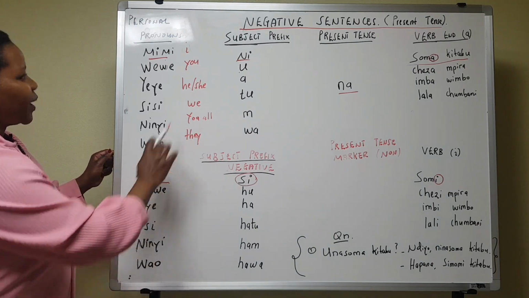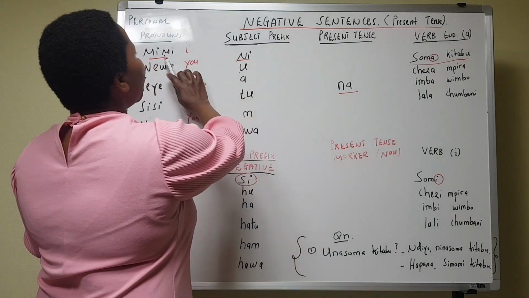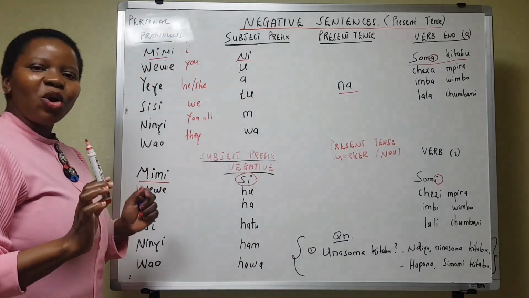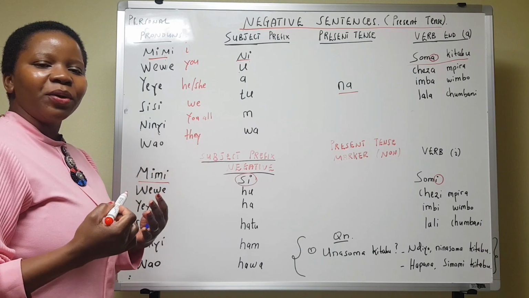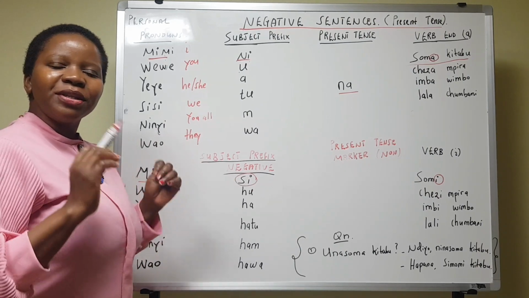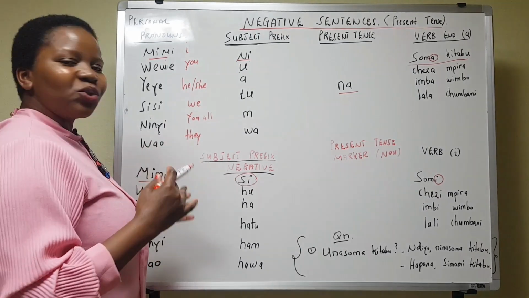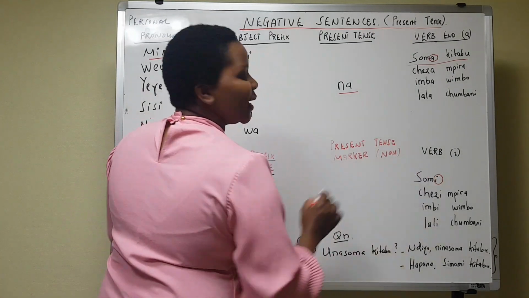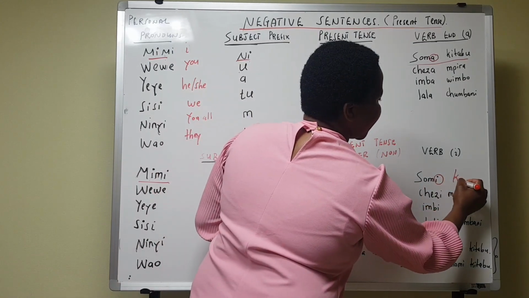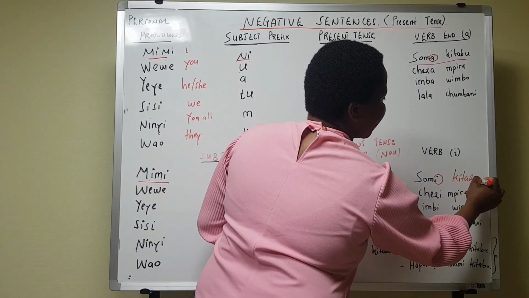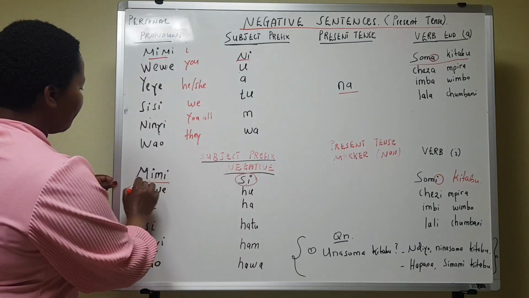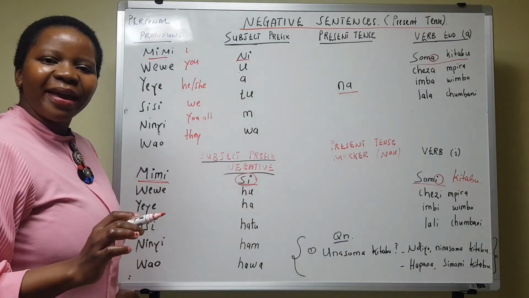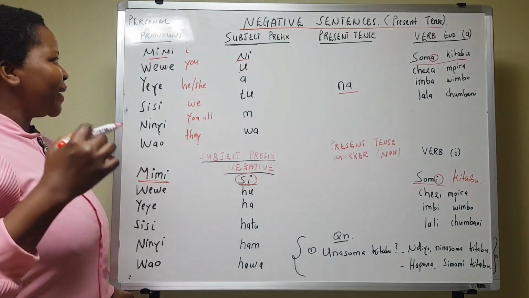Let's try this. Mimi ninasoma kitabu. I am reading a book. If I want to say I am not reading a book, in Swahili I will say mimi sisomi kitabu. Okay? Mimi sisomi kitabu.